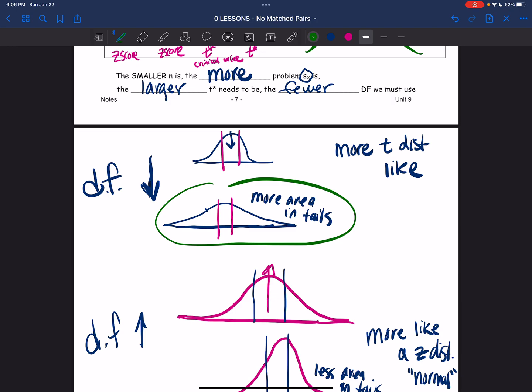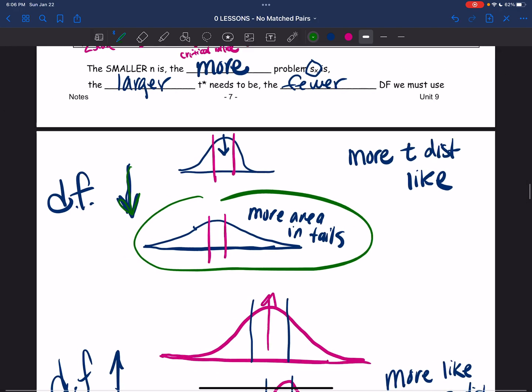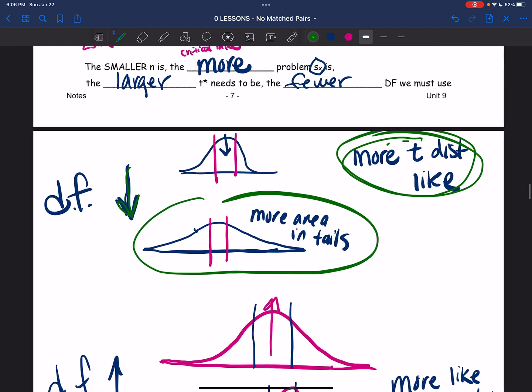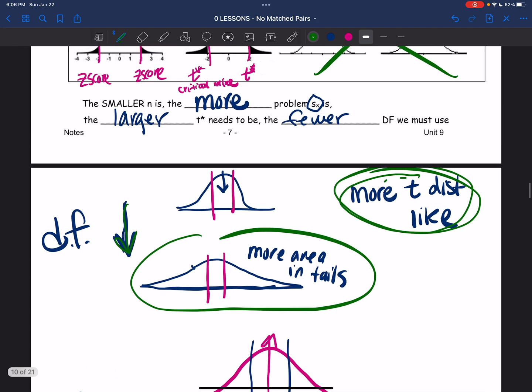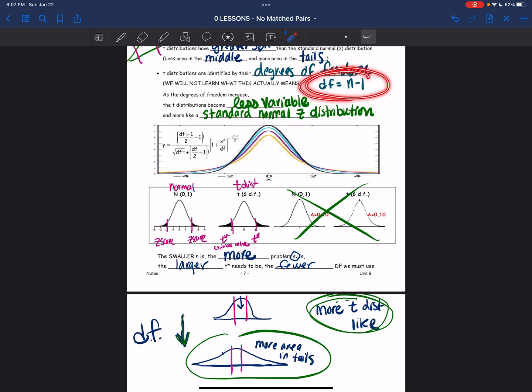Whenever we have smaller degrees of freedom, it means that we're going to be more and more like a t distribution. The more and more we're going to have to correct, the more it'll look like this. Smaller n means a larger t star and fewer degrees of freedom. And again, think about, how did you find the degrees of freedom? If n is small, that's going to be pretty small.